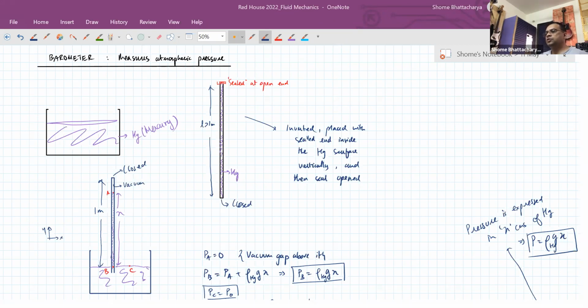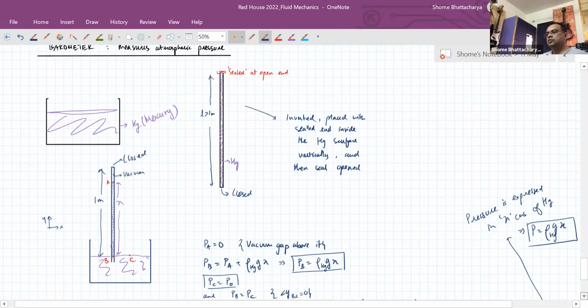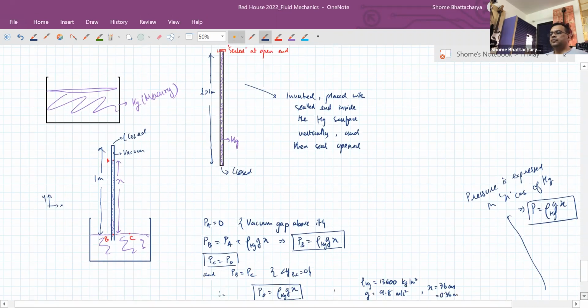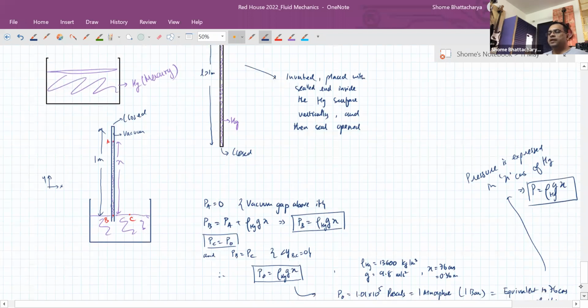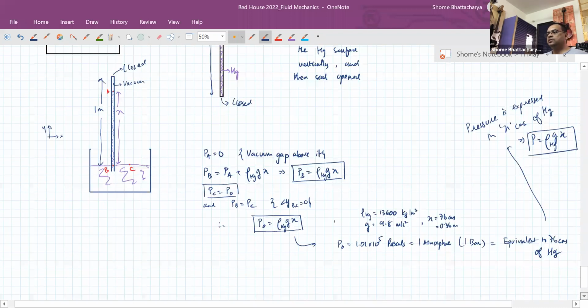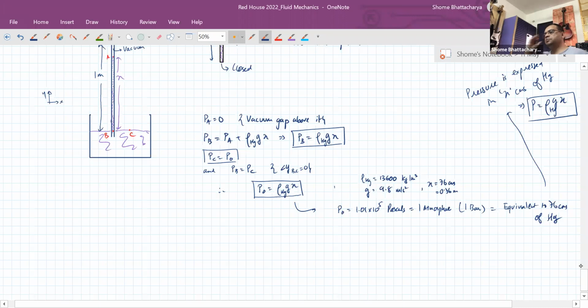Okay, so this is about the barometer. A manometer works in a very similar fashion, okay, but it measures the pressure inside a gas chamber instead of the open atmospheric pressure.